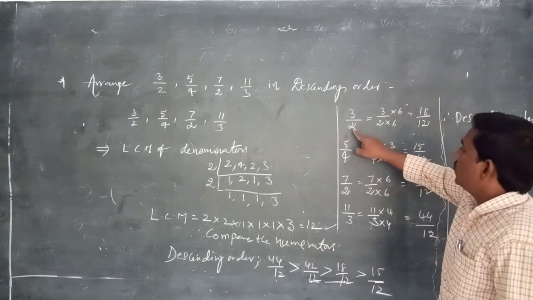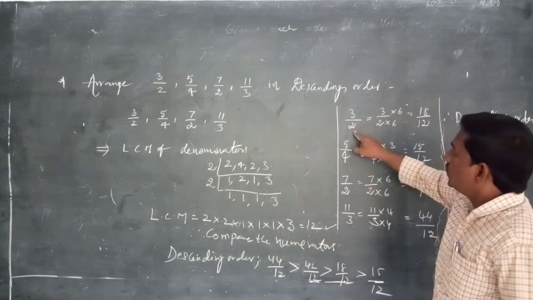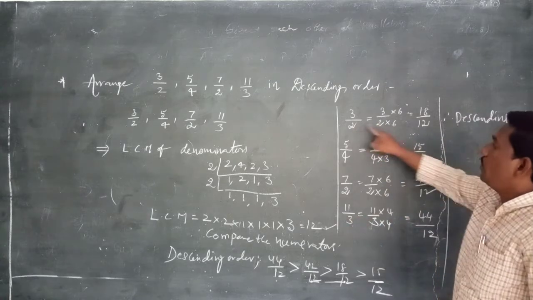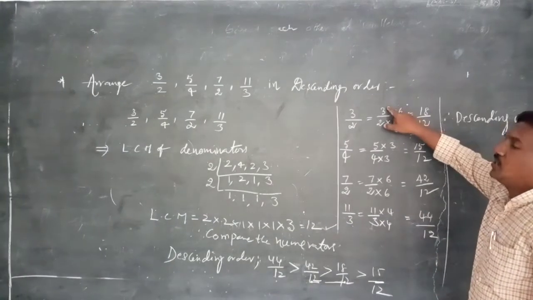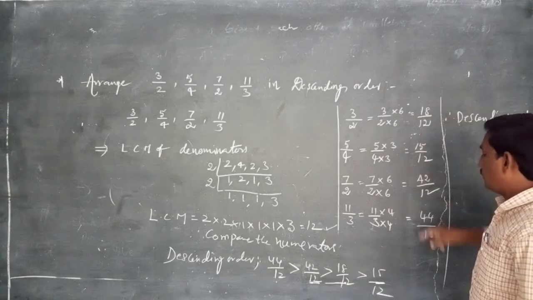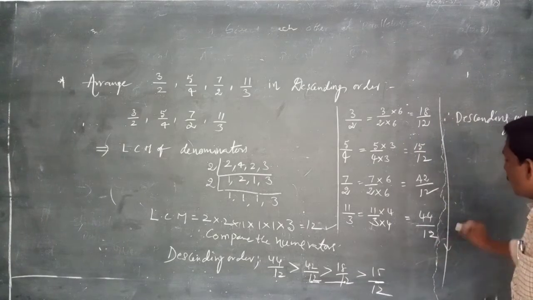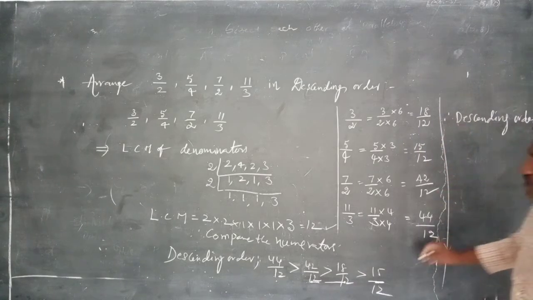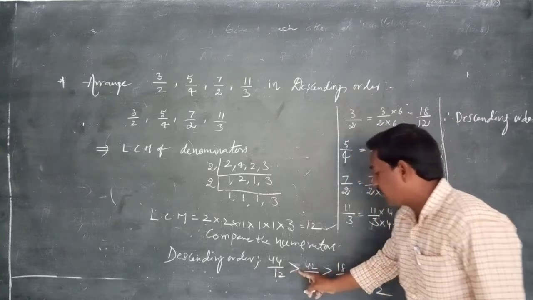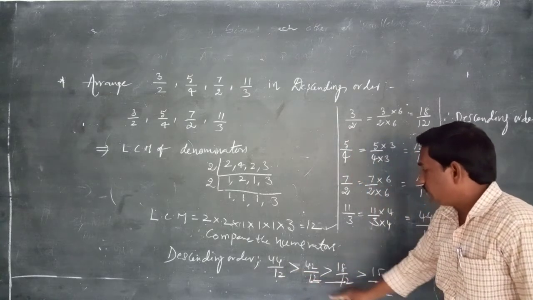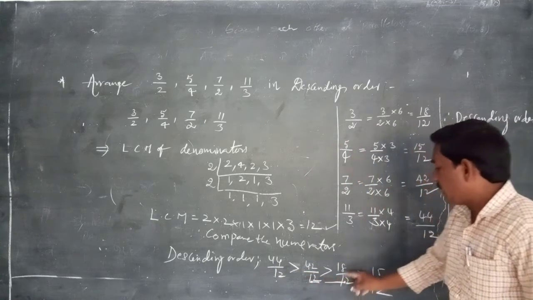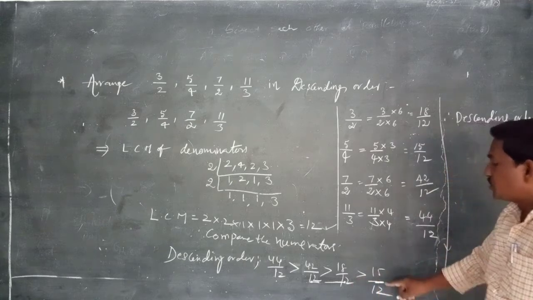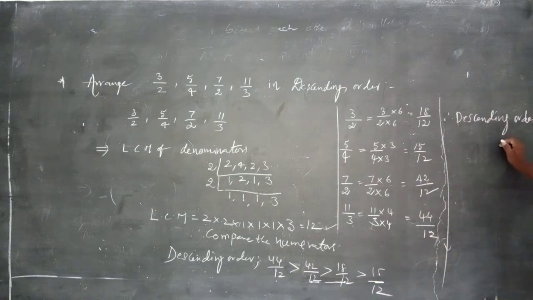If 2 becomes 12, the 2 should be multiplied by 6 as well as the numerator. After converting into like fractions, we write 44 by 12 greater than 42 by 12 greater than 18 by 12 greater than 15 by 12. Now we have to write the corresponding fractions: 11 by 3 greater than 7 by 2 greater than 3 by 2 greater than 5 by 4.